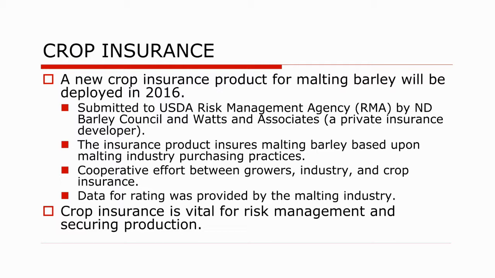For years in the U.S., malting barley was insured with feed barley as its base, and then they would try to do some various types of voodoo to make it into a product that kind of fit malt barley. It kind of worked and it really kind of didn't.